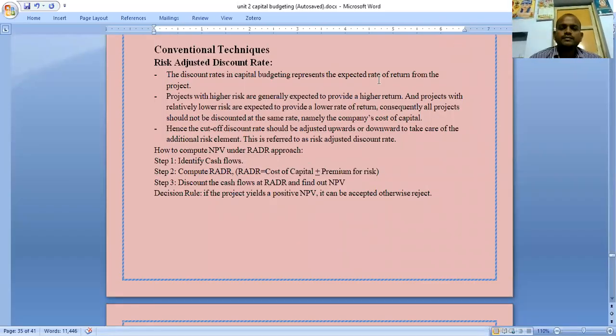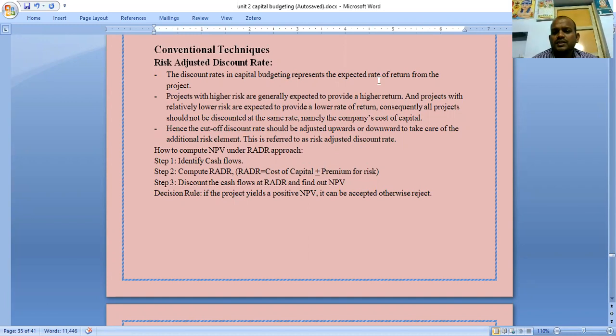Conventional techniques. So, risk adjusted discount rate is one of the conventional techniques. In general, the discount rates in capital budgeting represents the expected rate of return, because we are expecting those returns.